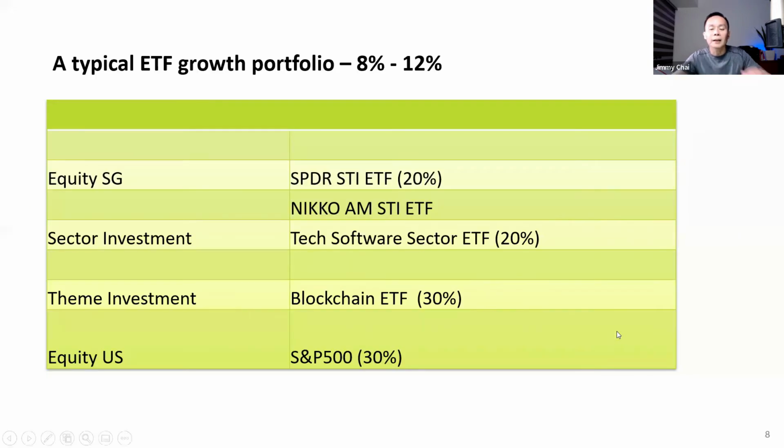Then I have my thematic investment, which is blockchain ETF, at 30%. Then I have my equity US S&P 500, that will be 30% as well.